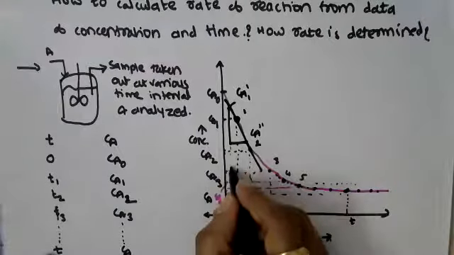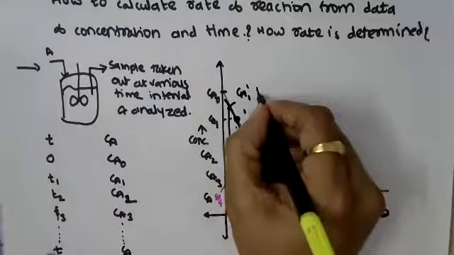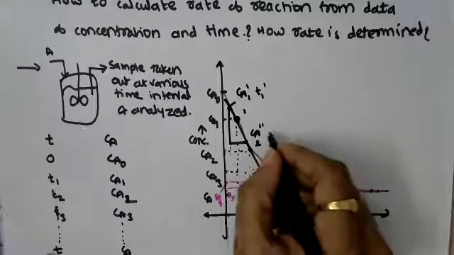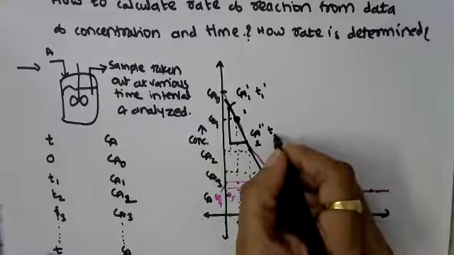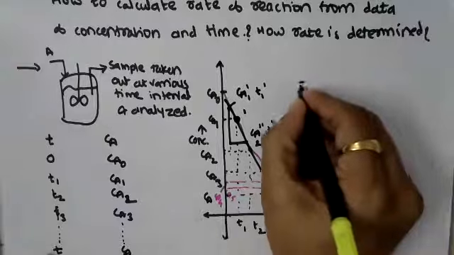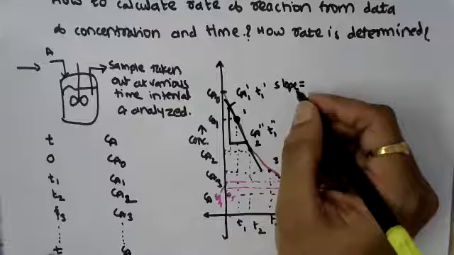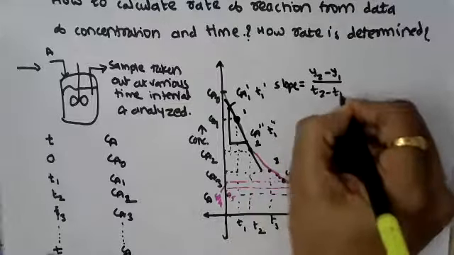Likewise, you can also note down the corresponding time. So I can say that time is t1 dash, and the corresponding time will be say t1 double dash, like this. Now the slope of the tangent is y2 minus y1 divided by t2 minus t1.